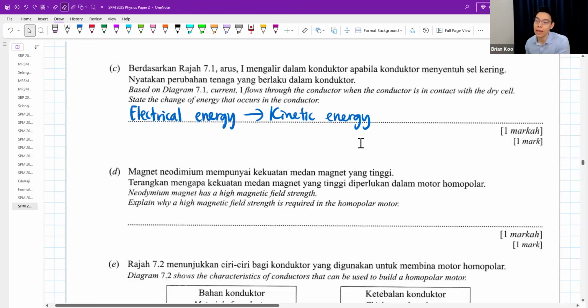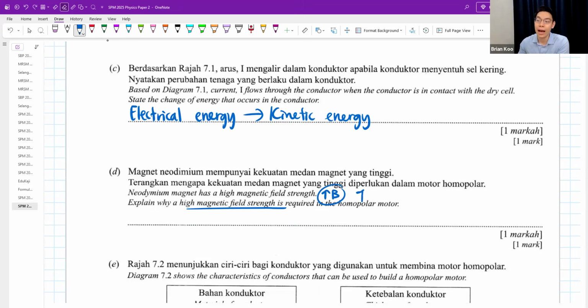But the neodymium magnet has high magnetic field strength. Explain why a high magnetic field strength is required in the homopolar motor. I want something with a high B so that I get a high F. You can just say that so that I produce high force, for example.